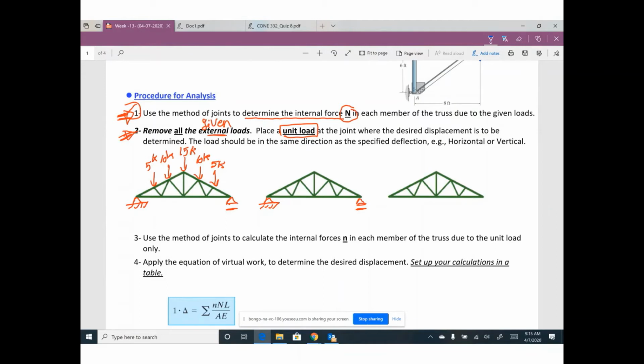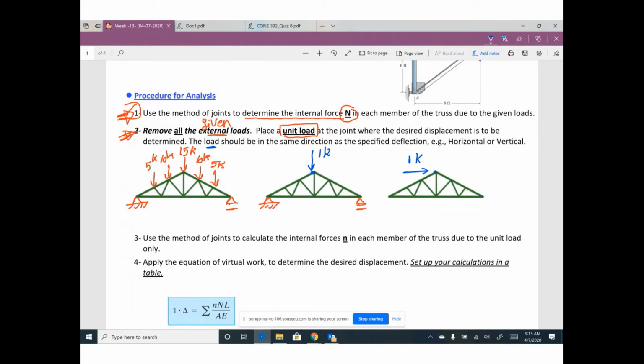And I'm looking for the vertical deflection at this point. For example, I will put only 1 kip at this point. If you are looking for horizontal deflection, I will put at this point, for example, a horizontal unit load, 1 kip. So the unit load should be in the same direction as the specified deflection.